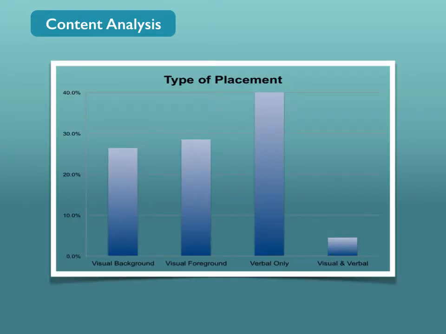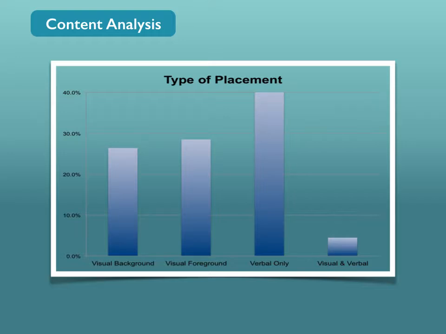I did a content analysis on branded product placement trends, and here are some of the results that I found. In this content analysis, we took the top 50 shows over a whole year period, and they were rated top by Nielsen rating.